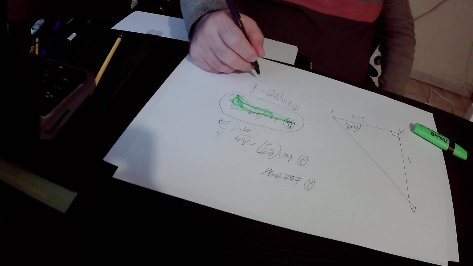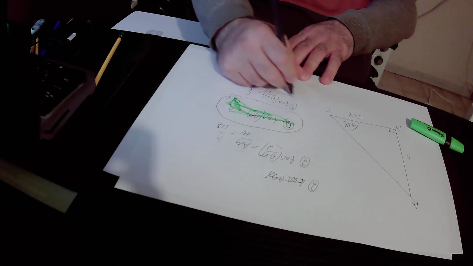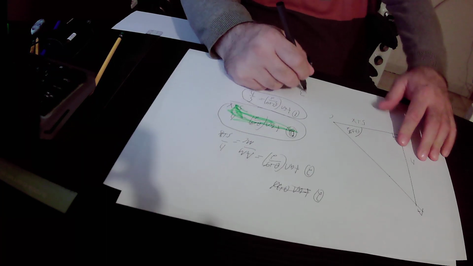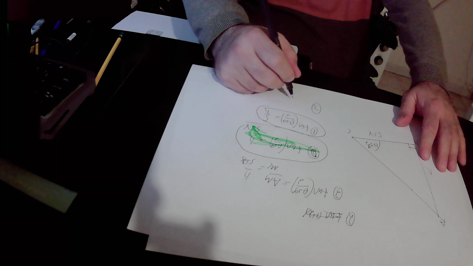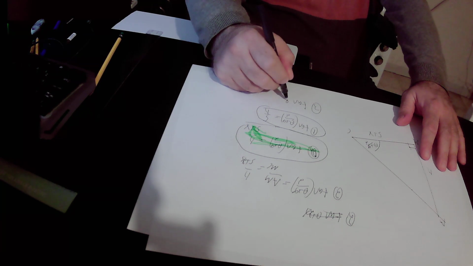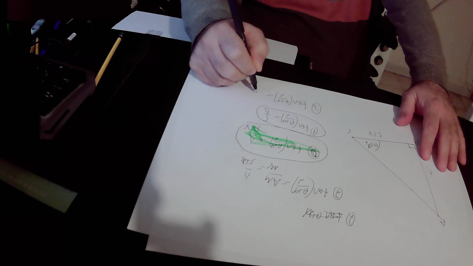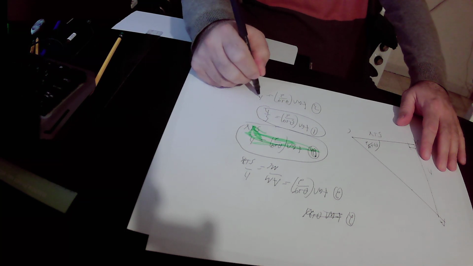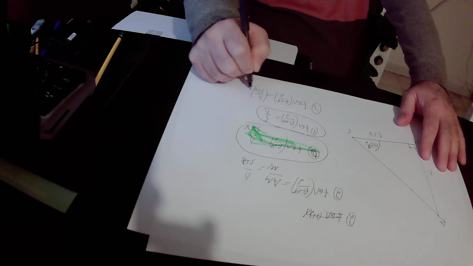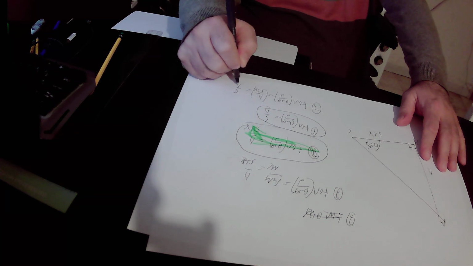So here we will combine equation number 1 with equation number 2 and we will create equation number 3. So according to equation number 3, tangent theta plus alpha over 2 will be equal to h over 5 plus x according to equation number 2, while according to equation number 1 it equals 5 over h.